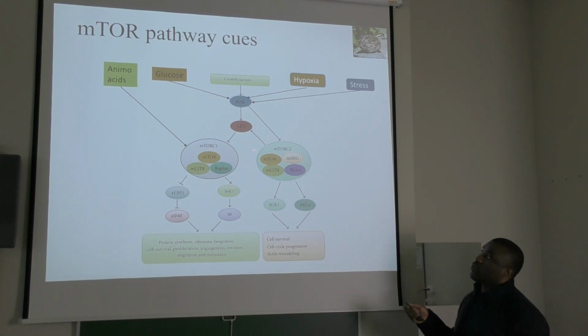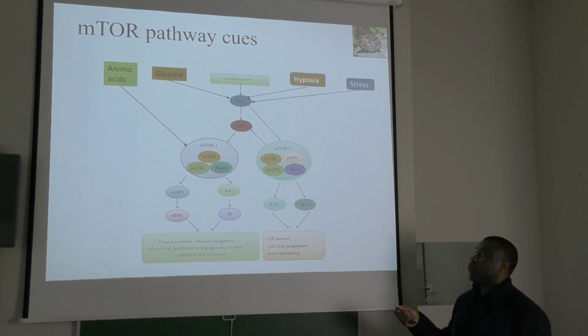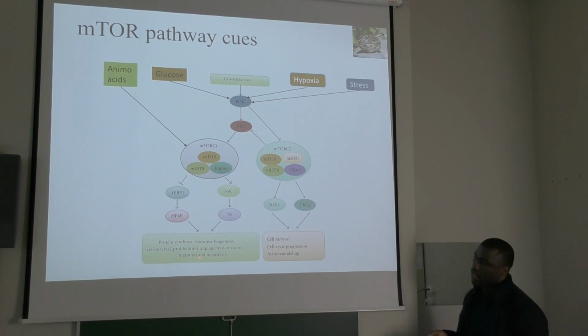But amino acids don't connect to the same pathway as the other factors. Amino acids have their own pathway, connecting to mTORC1, complex 1, and complex 2. In turn, the end products are protein synthesis, ribosomal synthesis, survival, growth, and other things connected to the mTOR pathway.